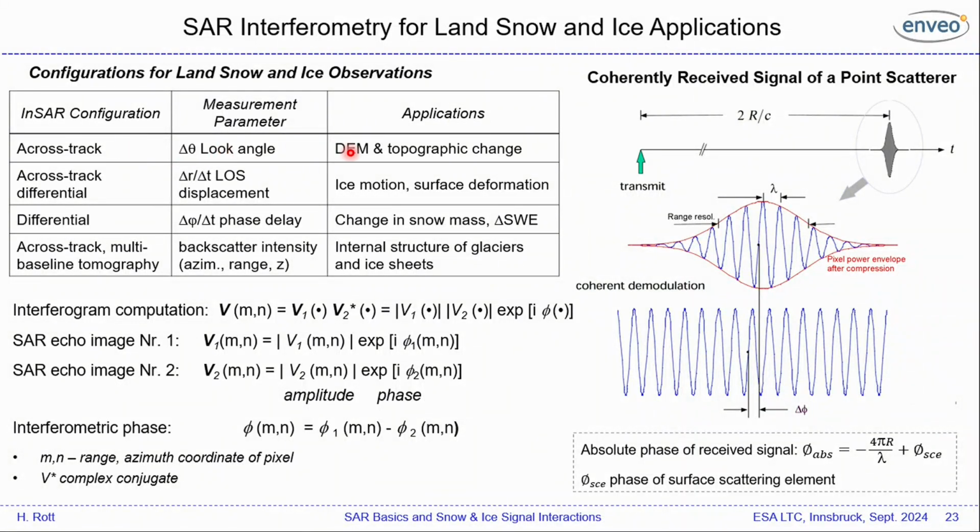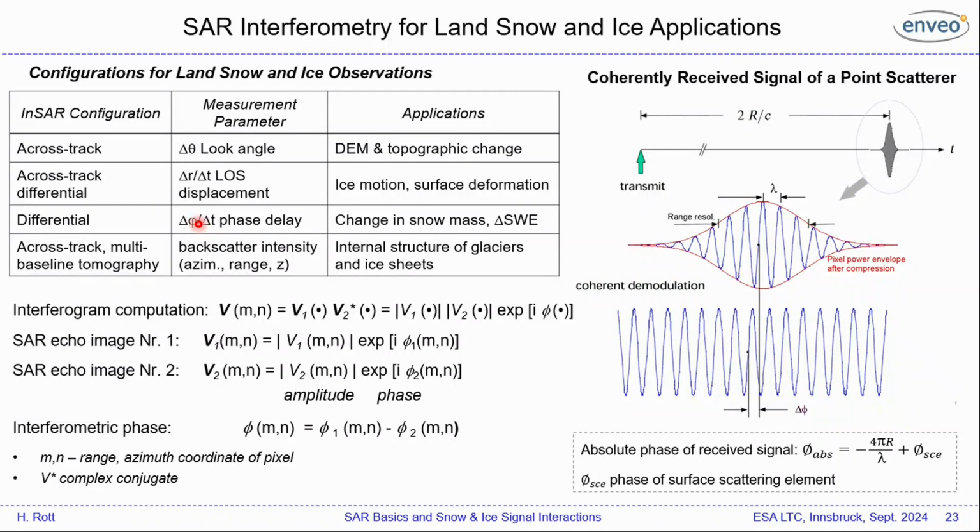Across track, we get digital elevation models, and with repeat observations we measure topographic change. Then we have across-track differential interferometry, which is for ice motion and surface deformation. We measure the change of distance in time, the displacement.